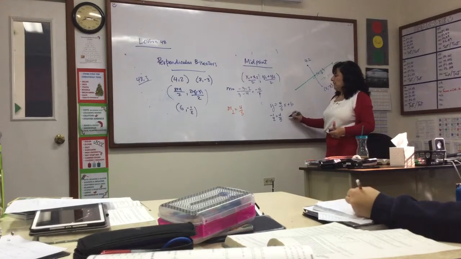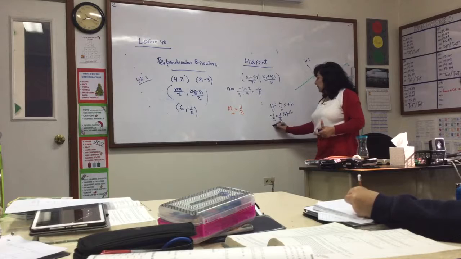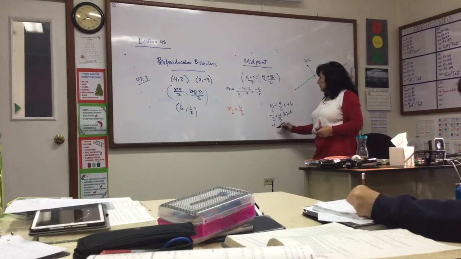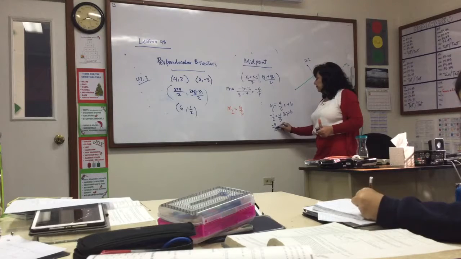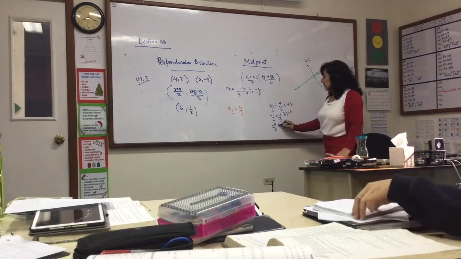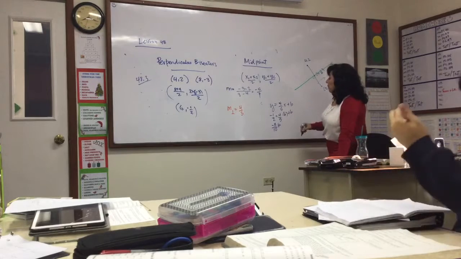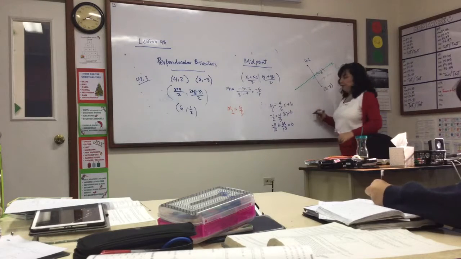I'll finish it just for the sake of the video. 6 plus b. So we have negative 1/2. Let me do it with tenths. So -5 over 10 equals 24/5 plus b, so minus 24/5 minus 5 over 10 equals b.